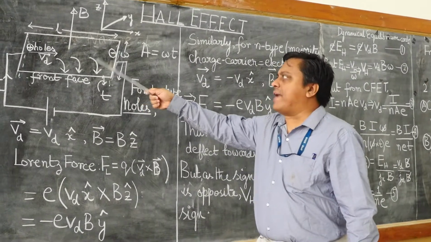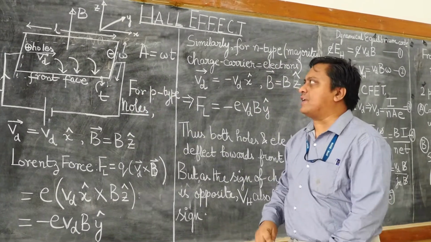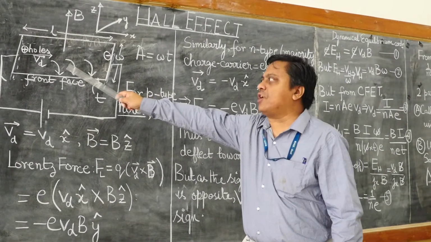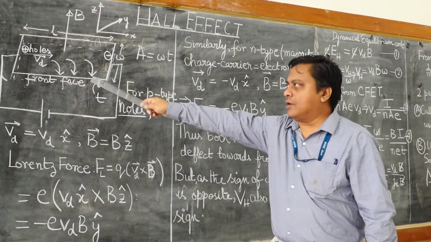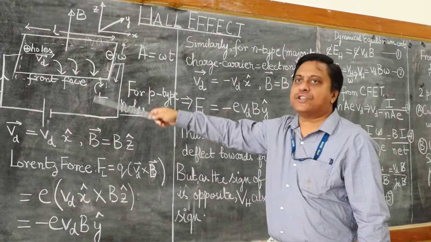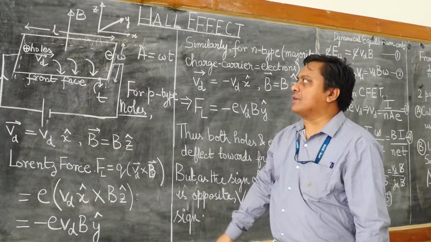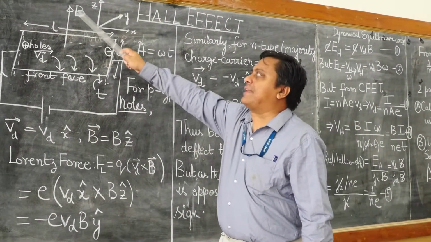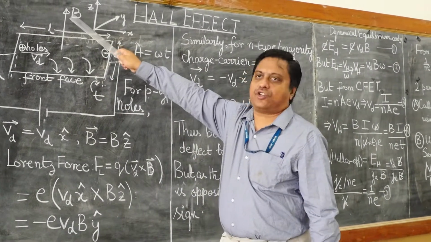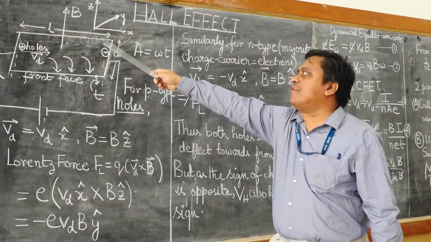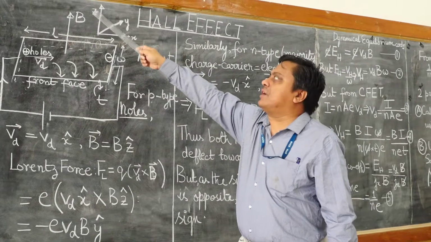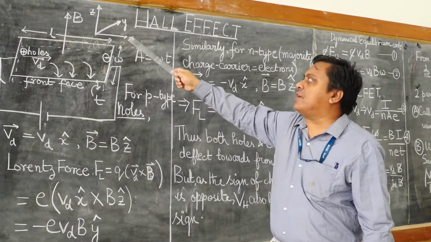To realize why the Hall effect happens, we have to understand the concept of Lorentz force, which is nothing but the deflection of charged particles which are moving under the influence of a magnetic field. So in this configuration, there is a perpendicular magnetic field which is acting along this direction, and for clarity of understanding, the diagram of the coordinate system has been shown here.